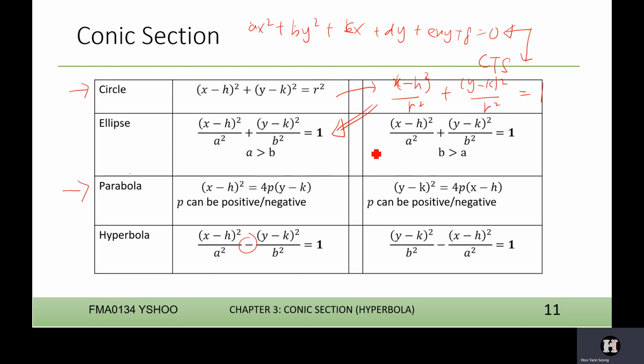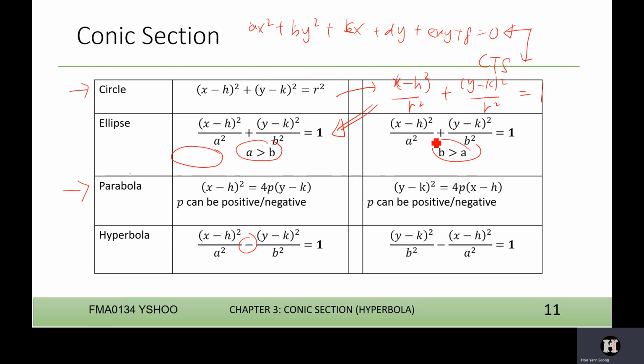The formula is correct; the only difference is whether A is greater than B or B is greater than A. If A is greater than B, the length along X is longer, so you get an oval shape that is lying down.